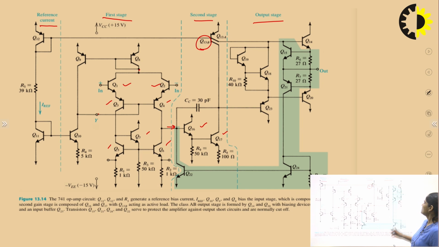Output stage transistors are Q14 and Q20. Now these two transistor bias current is provided from this Q13A and this one.